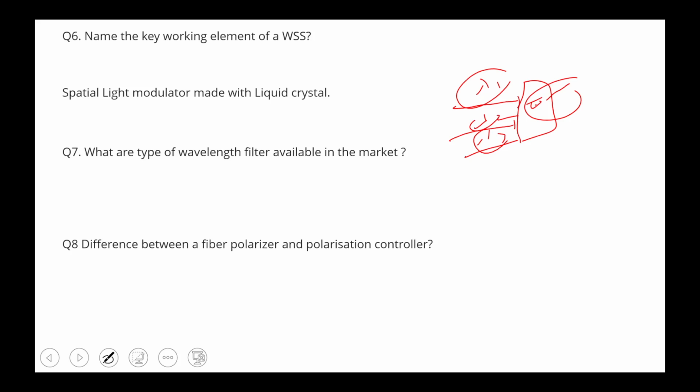Suppose at the output side you want to select only 400 nanometers. What component would you use in that case? Filter. So which type of filter would you use?